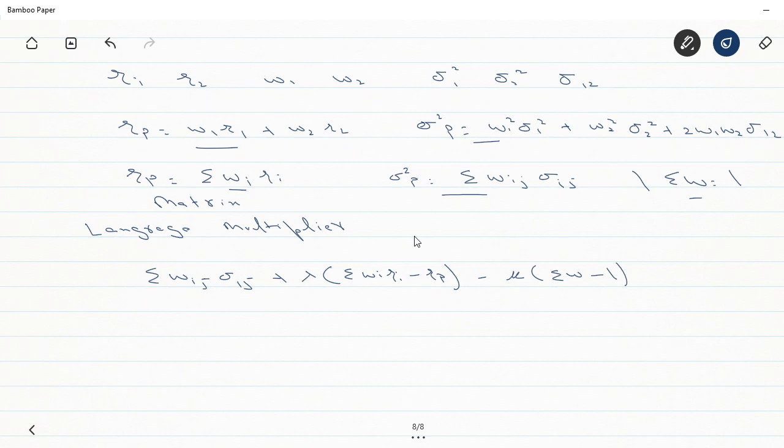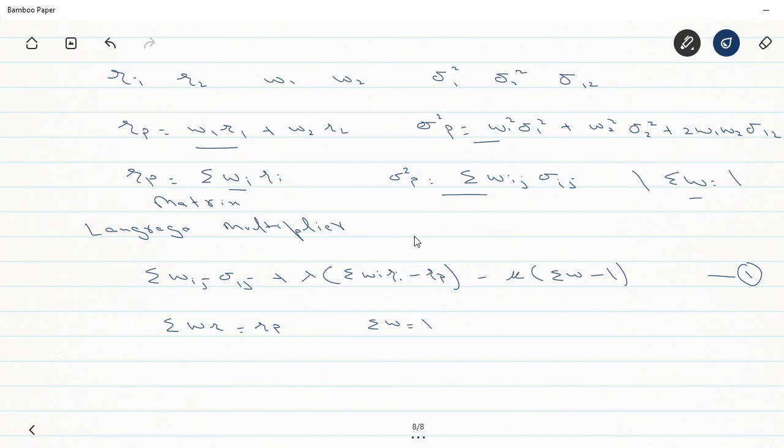So this is my first equation. My second equation, obviously, is summation Wi Ri is equal to Rp, and my third equation is summation W is equal to 1.